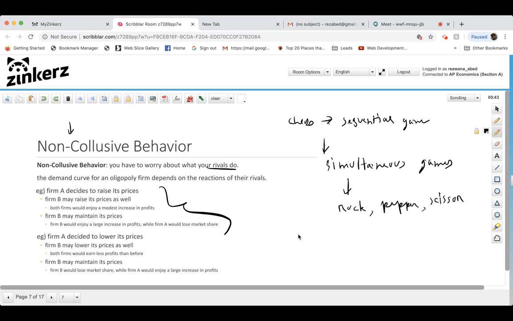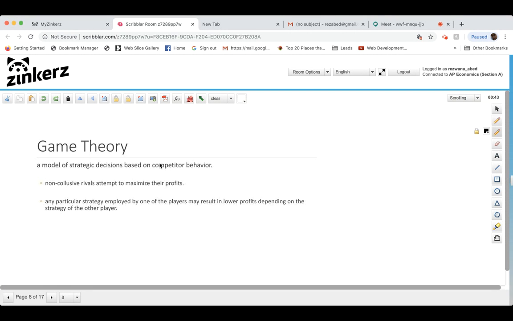Okay, and the reason we have to talk about this thing called game theory is because all of this comes from this idea of interdependence.